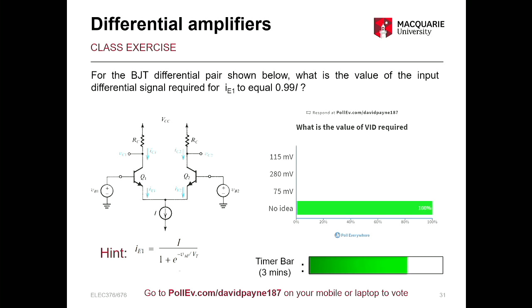This one shouldn't be too hard. It's a bit of calculating, that's why you've got 3 minutes for this. But everything's in that expression down in the bottom left there. We're trying to get the value of VID.